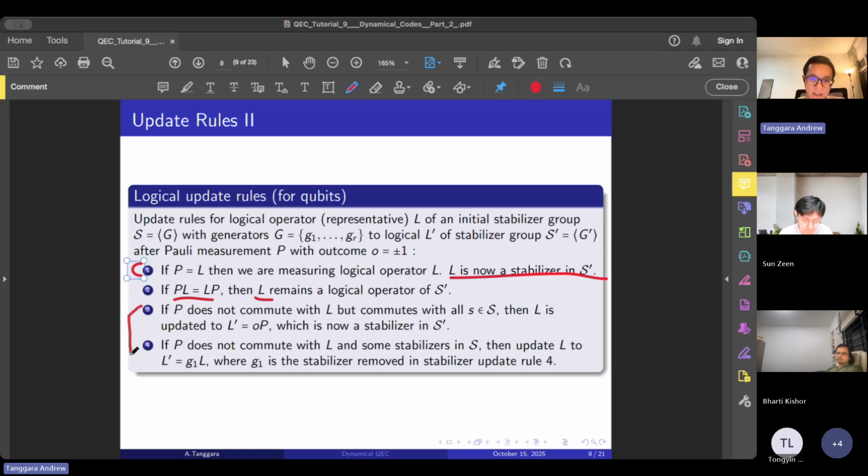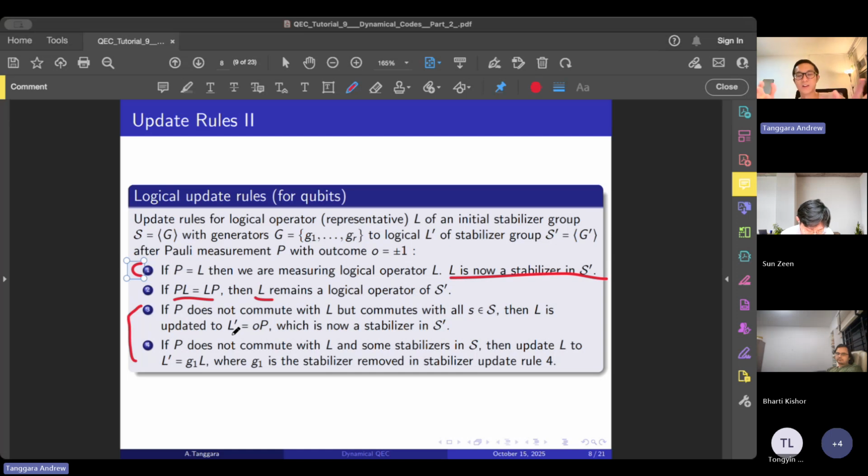And these are the cases when your measurement does not commute with L. In this third case, it commutes with all the stabilizers, but it anti-commutes with some logical operator.